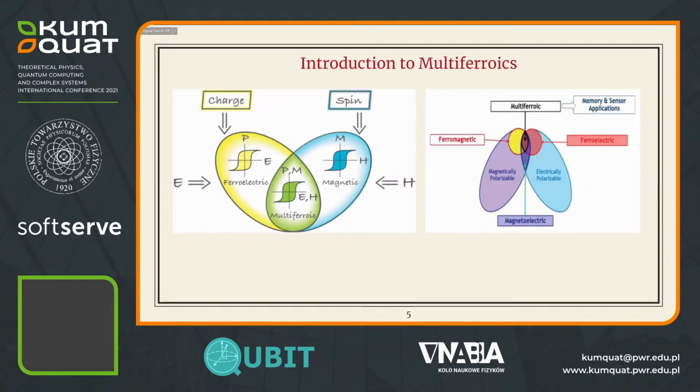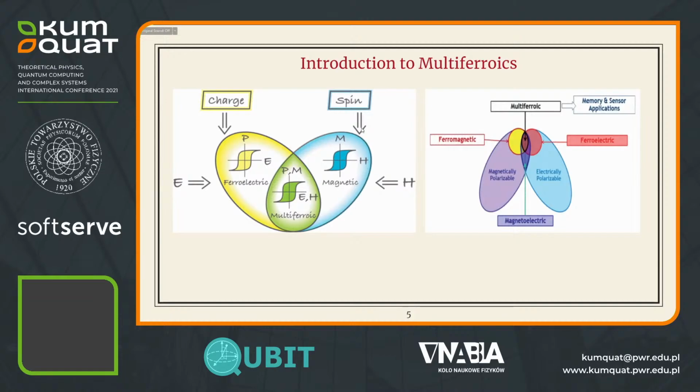Then multiferroics. First of all, what are multiferroics? Multiferroics are those materials which exhibit multiple ferroic properties like ferroelectricity, ferromagnetism, and ferroelasticity all together. If changes in charge occur on application of an electric field, those materials are known as ferroelectric materials.